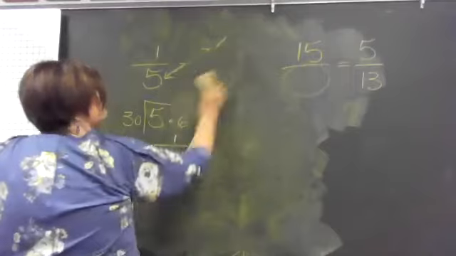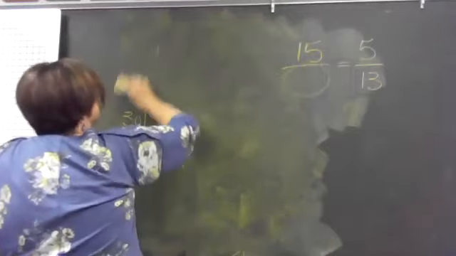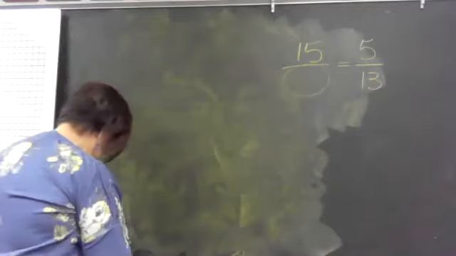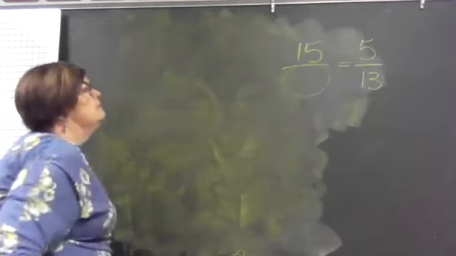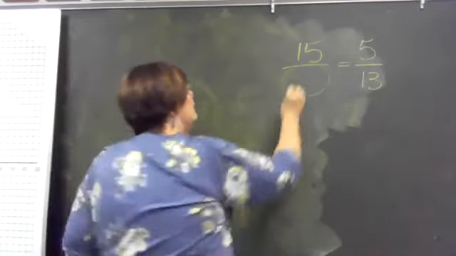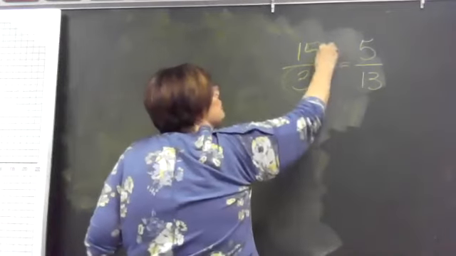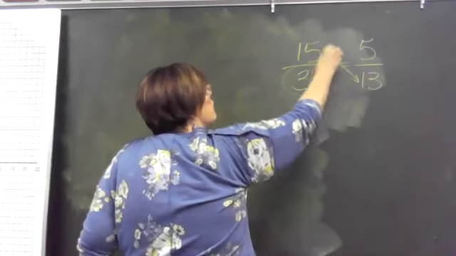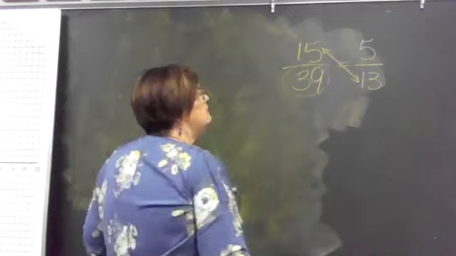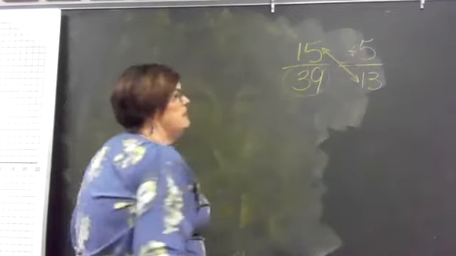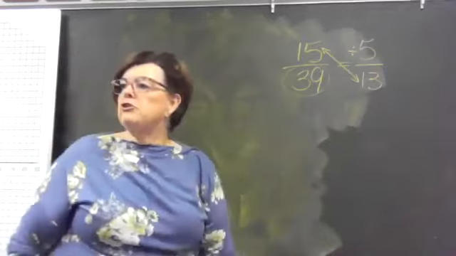So what's the missing number? 39. Because she multiplied the two numbers that we know in a diagonal, multiply those, then divide by the one that's left over, and you'll get your missing number.